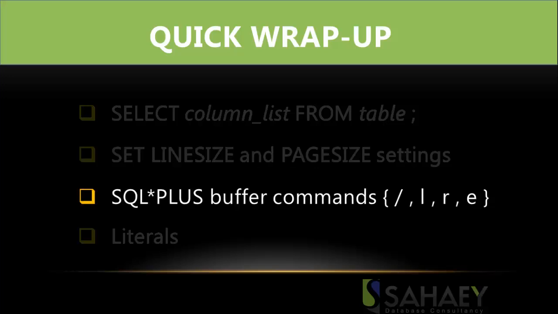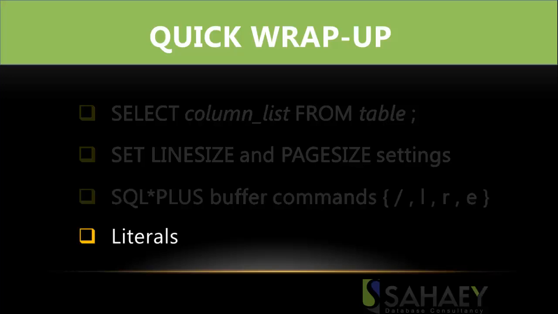SQL Plus stores the last executed command in an internal buffer, the contents of which can be viewed and modified before re-executing. Values specified directly in the select clause are called literals. The value of a literal remains constant across all the rows in the table. The next section discusses how to perform calculations with the select statement.